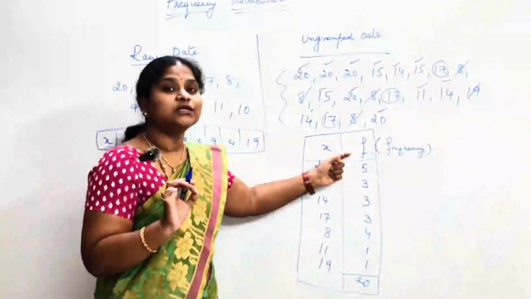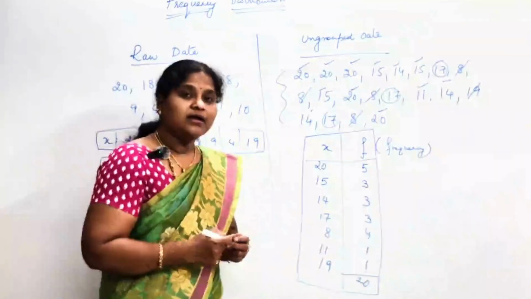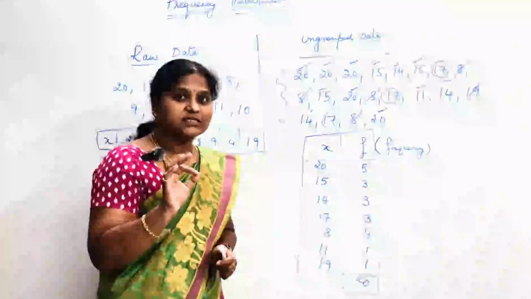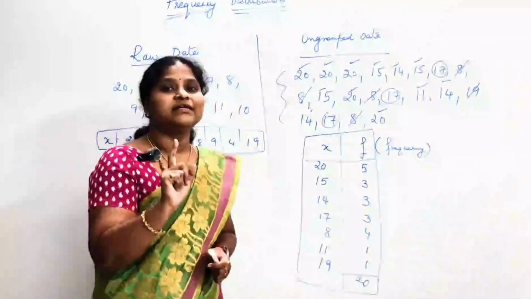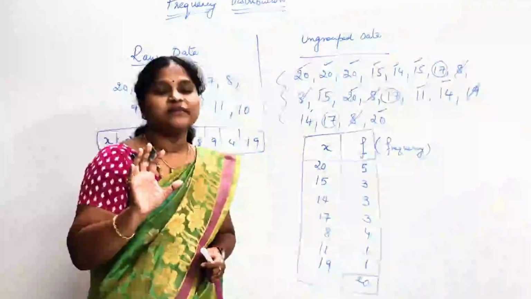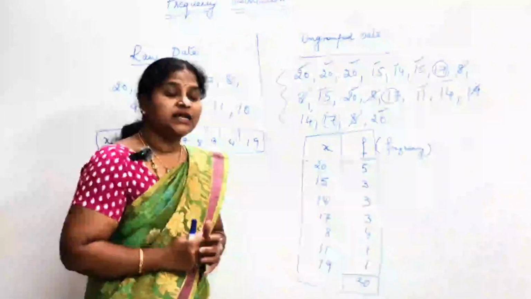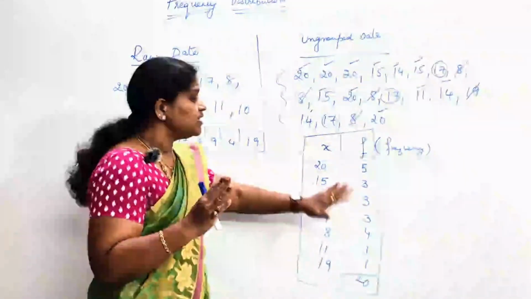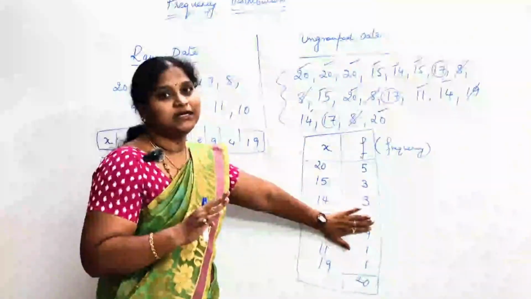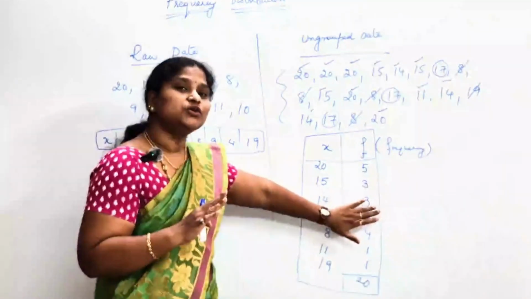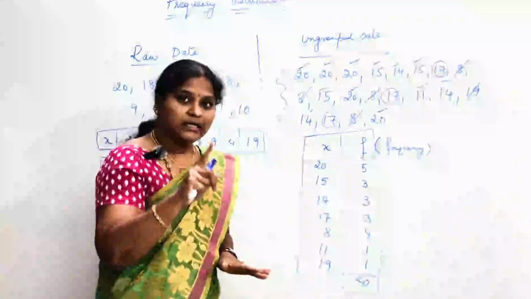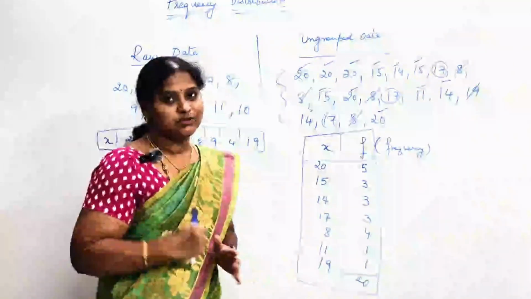This is ungrouped frequency data. This frequency distribution is possible only when the data is very limited, when the data is accessible enough to present in the form of a table. If the data is very large, where ungrouping cannot be done, in such a situation, we group the data to form the continuous or grouped frequency distribution.